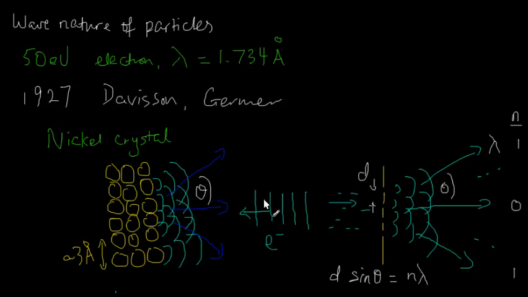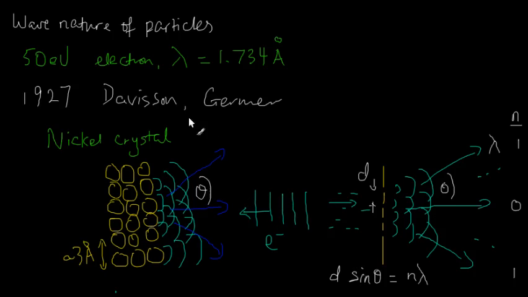Now, that's not what we would expect if electrons are particles. If electrons are particles, you might imagine lots of little ball bearings or lots of little bits of sand hitting the atoms, and they will just bounce off at random, right, all over the place. You're not going to get fringes and destructive interference.